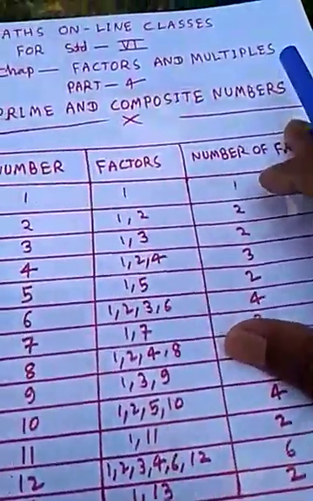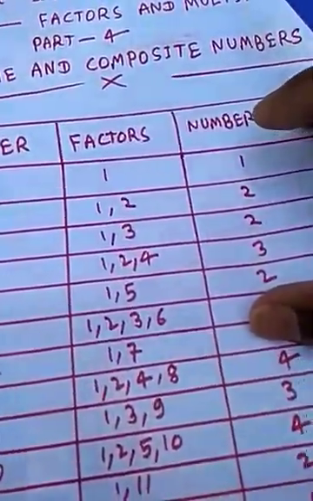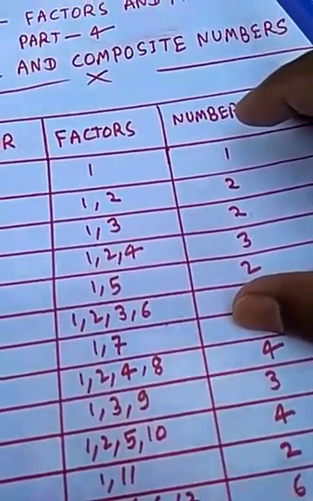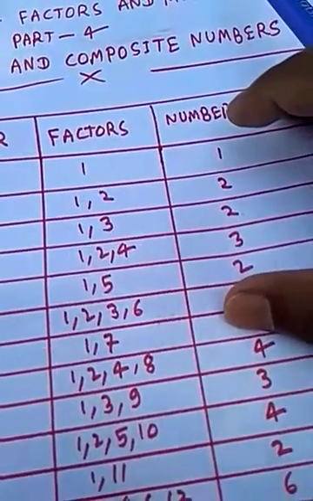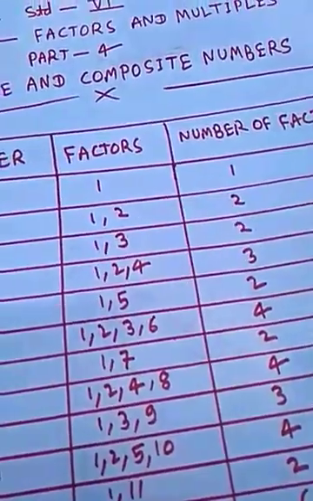It means when we find the factors of numbers, there will be 3 types: some numbers have only 1 factor, some have only 2 factors, and some have more than 2 factors.